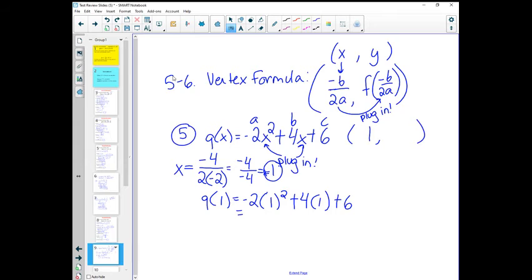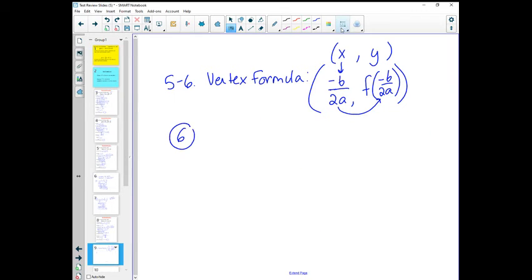Now we're just going to evaluate that. 1 squared is 1 times -2 is -2. 4 times 1 is +4 plus 6. -2 plus 4 is 2 plus 6 is 8. And that was the missing part of that ordered pair. So the vertex is 1, 8.